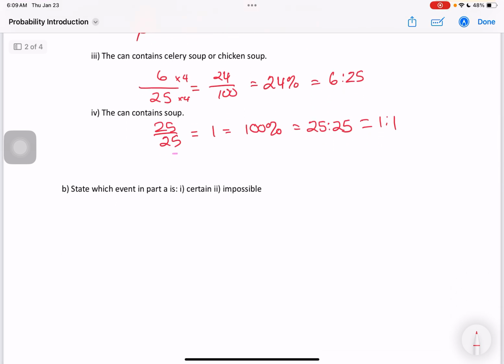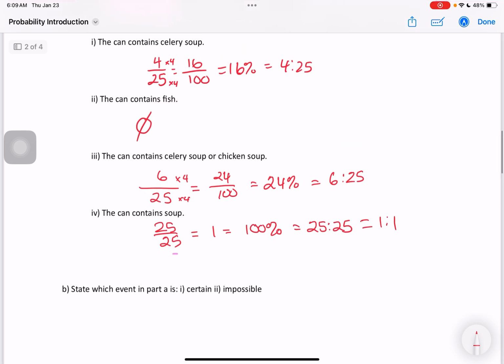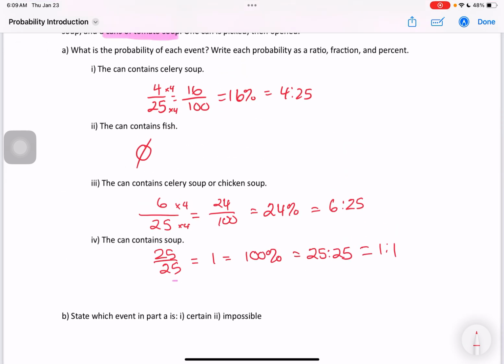So the last part here, it says state which event in part A is certain and which one is impossible. So one moment to take a look at that. Just pause here.